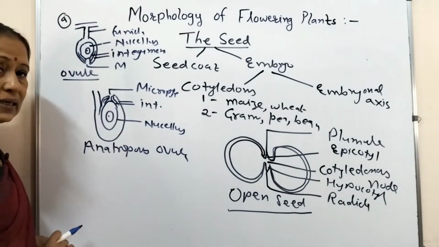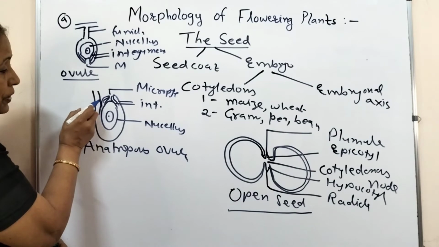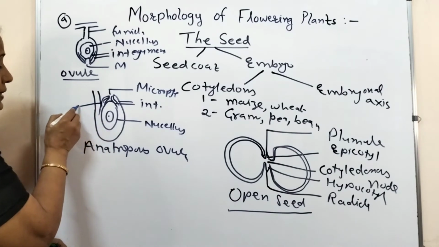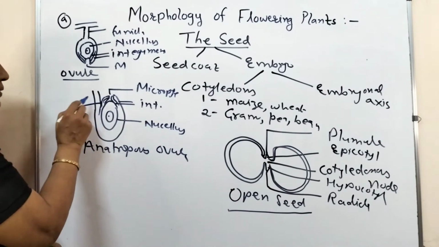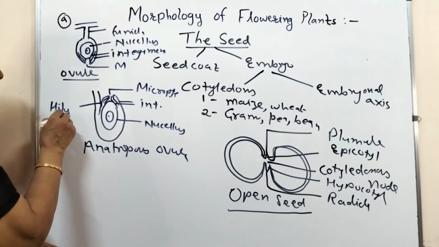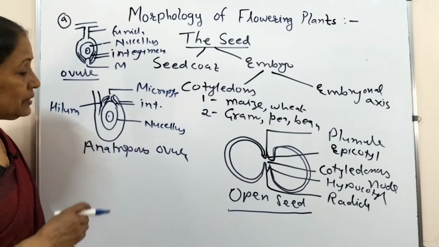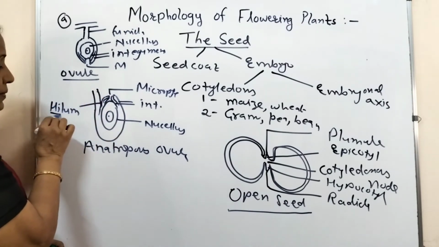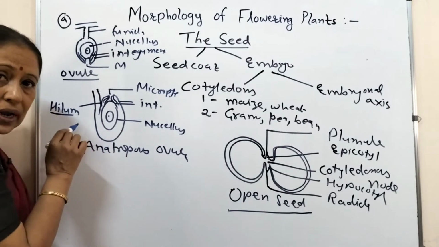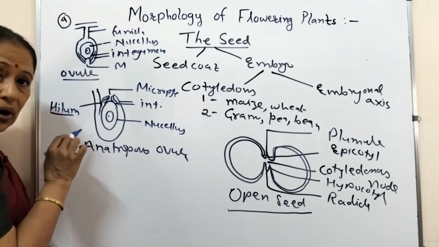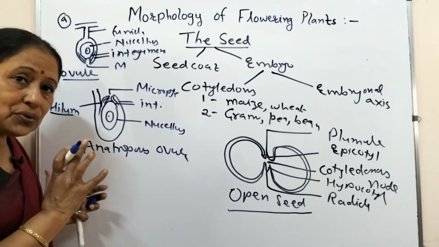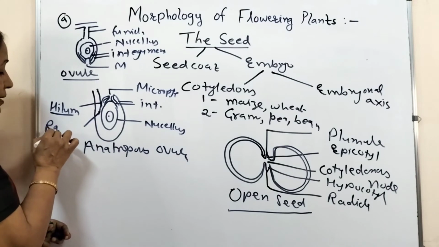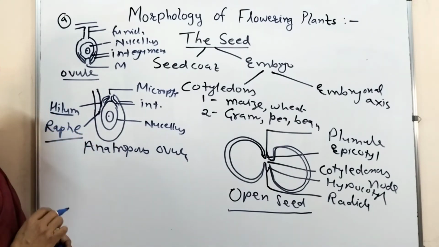Now as it has turned, the part below this free part, where it gets attached to the funicle, this is called hilum. So this is the hilum. What is hilum? The body of ovule where it gets attached to the funicle. Below the hilum also there is stalk, children, and that part has fused with the body of the ovule, and this part is called raphe. Clear? What is raphe and what is hilum?